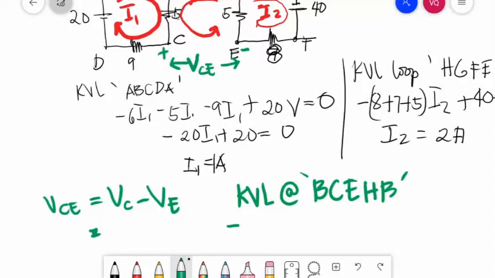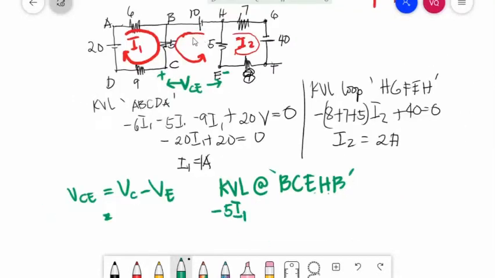Since the current flowing in 5 ohms is I1, the voltage drop at 5 ohms is negative 5 I1. The loop current enters the positive sign of VCE, so that is negative VCE.